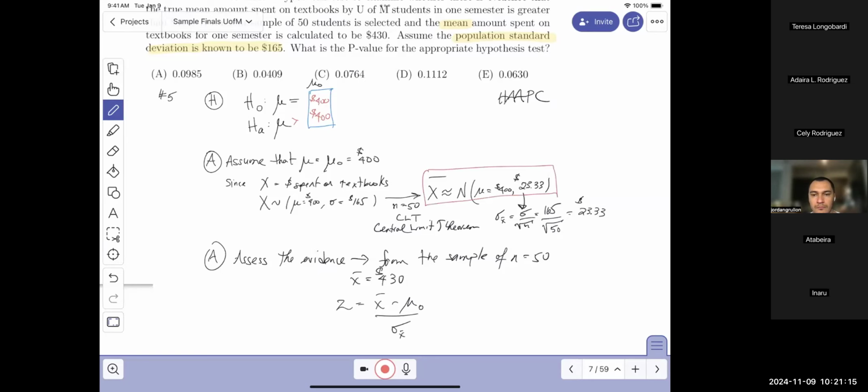We're going to use the assumption, this over here, and standardize X bar and see how many standard deviations it is away, to see if it's the same or different. So we put 430 first, and we minus the hypothesized mean, which is 400, and we divide by 23.33. And what do we get?